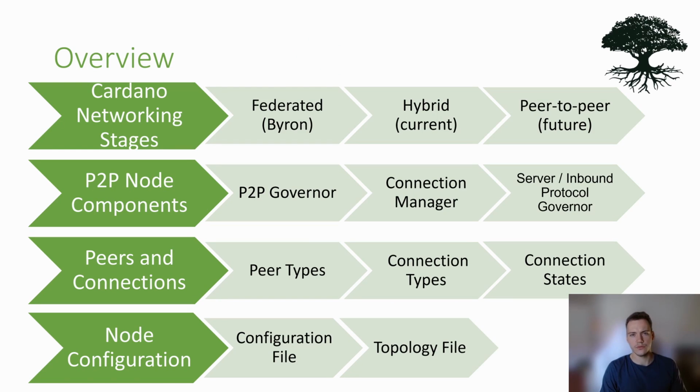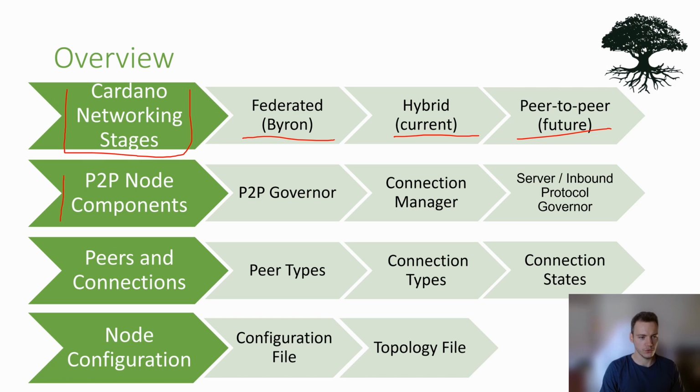Here's an overview of what we'll cover in the presentation. We'll start off with Cardano networking stages, and in this section we'll explain how Cardano networking progressed from the federated network during the Byron era to the current hybrid networking stage, and what peer-to-peer is going to bring to Cardano in the future.